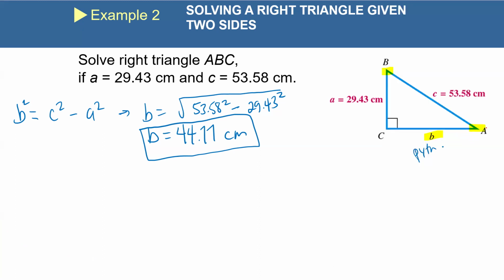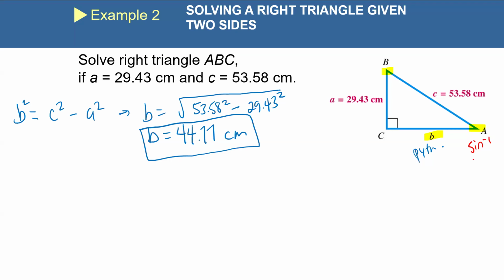So angle A, I know its opposite and its hypotenuse. So to find angle A, I'm using what? The inverse of, I have my opposite and hypotenuse. Sine, we're doing the inverse of sine, because I'm given my opposite side and my hypotenuse.